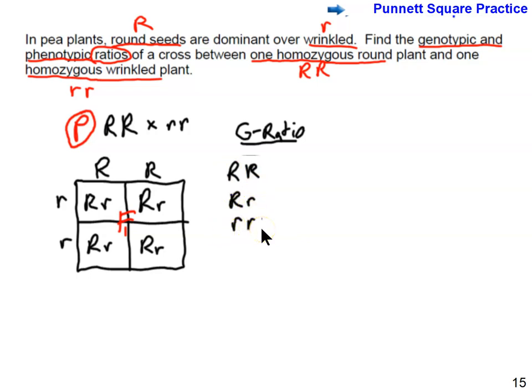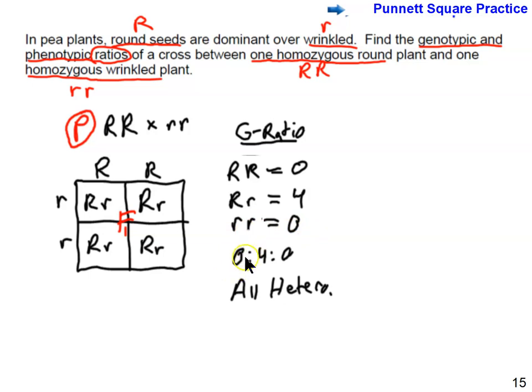And then you count up how many there are of each. In this case, there are 0 homozygous dominant, 4 heterozygous, and 0 homozygous recessive. And then you would write that as a ratio: the numbers in that order, 0:4:0, separated by colons. You can also describe it in words and just say they're all heterozygous.